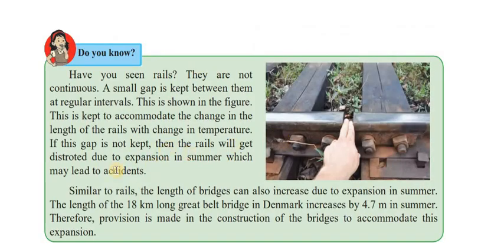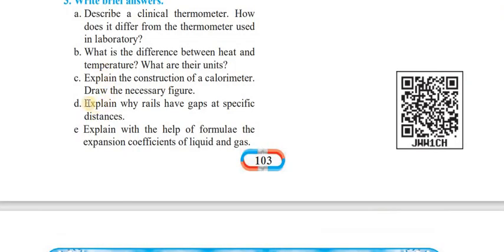Next one, the most important question from this chapter is: explain why rails have a gap at a specific distance. Okay, the answer of this question, let's see from the chapter.